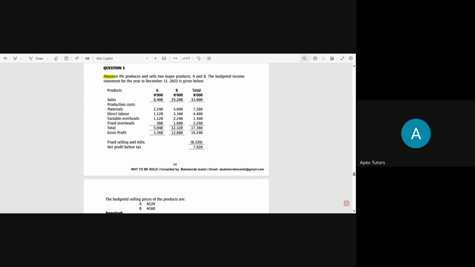So it will not enable you to have a perfect answer when you try to say selling price minus variable cost for A, selling price minus variable cost for B. You won't have the appropriate answer solving that way, because you're not given the ratio to apportion fixed selling and administrative expenses between A and B. So you need to work this as a whole.